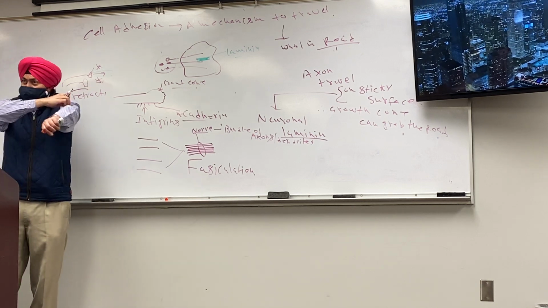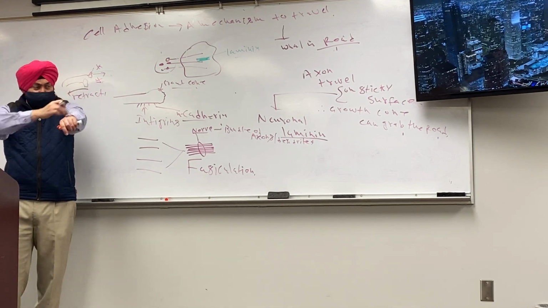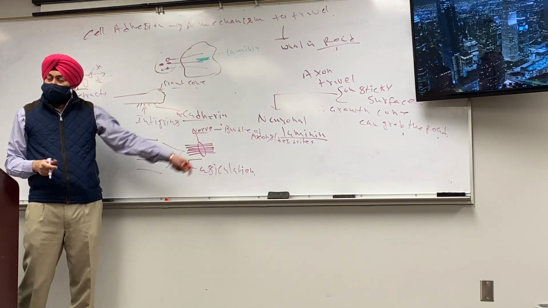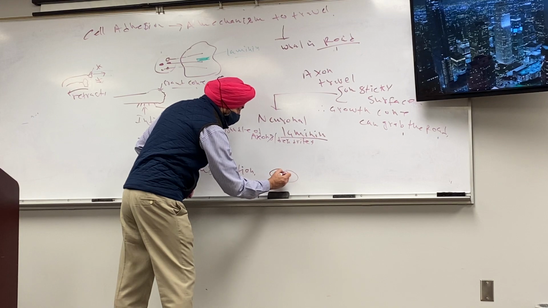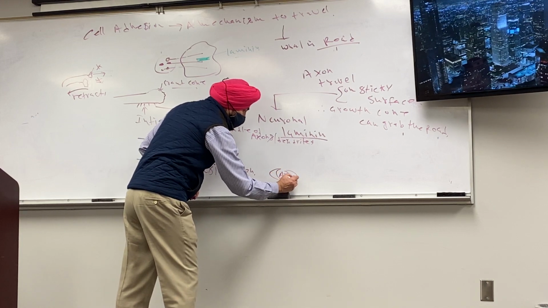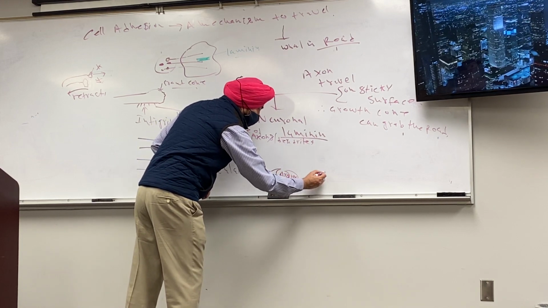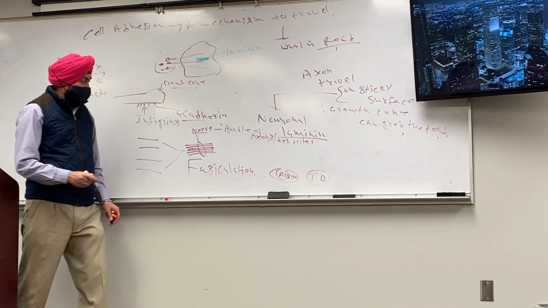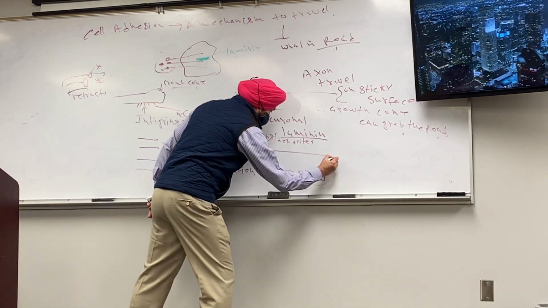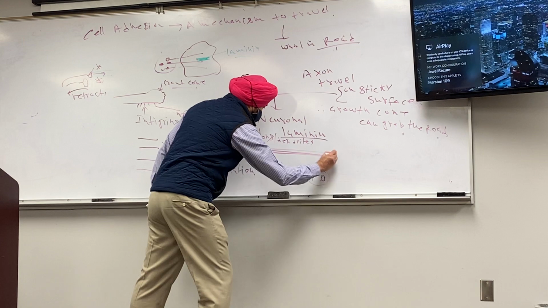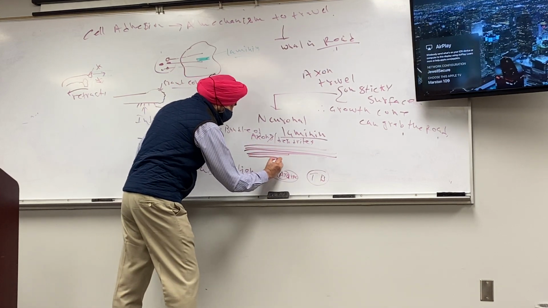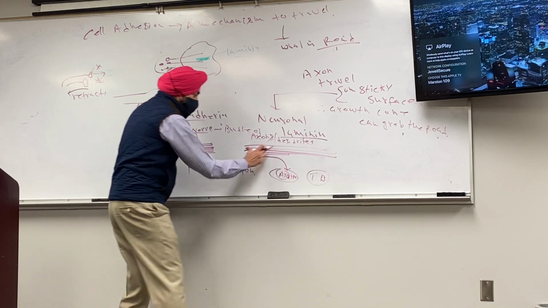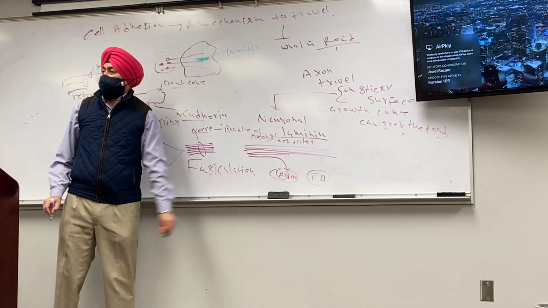So all those nerves are there, but the target of each axon is separate. So for example, this is target A. This is target B. So what is going to happen when this nerve is coming like this, right here is the target, and one axon from that nerve, whose target is here, is going to go here.